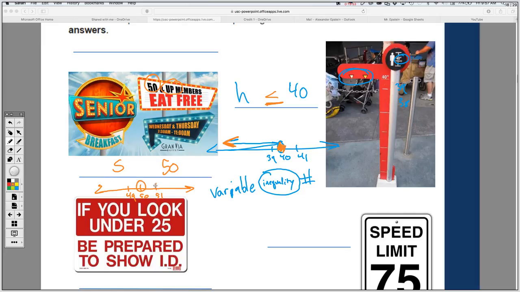Now look at this. Is the variable on the left side? Yeah. Only if it's on the left side can you do this trick. If it's on the right side, you would have to flip it. Take this and just copy it. Now, do you think it has the equal bar or not?